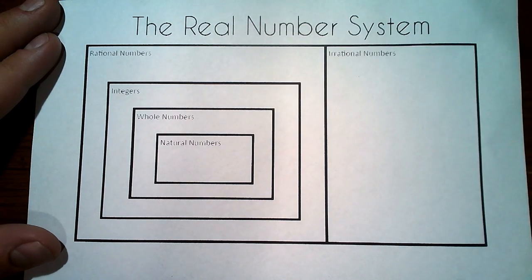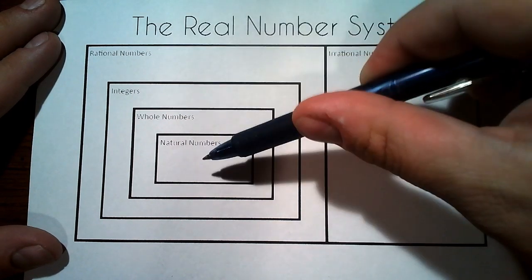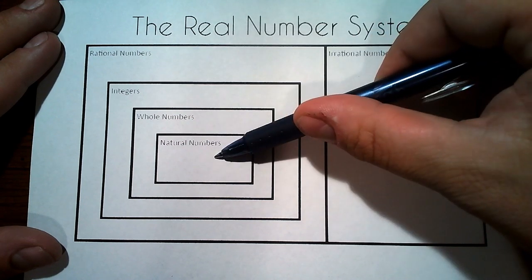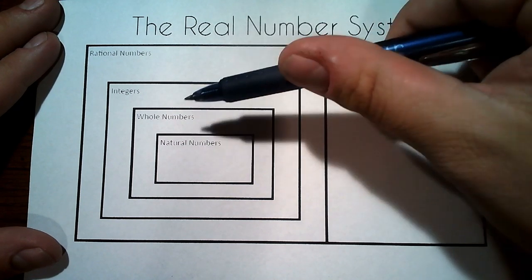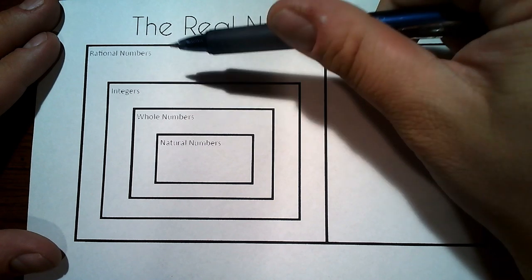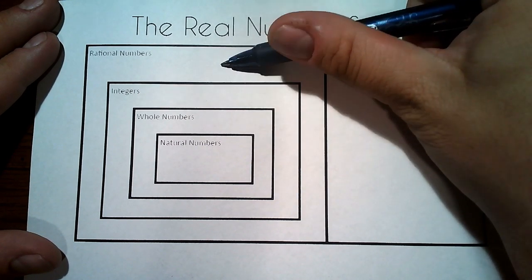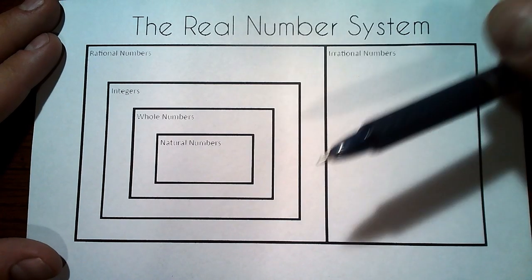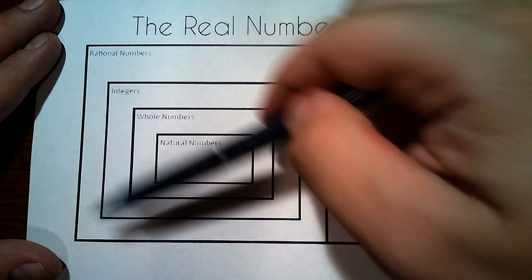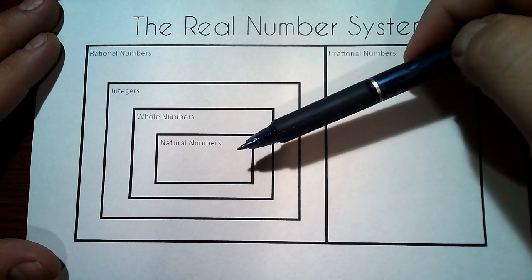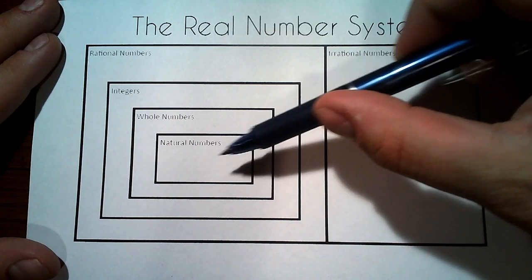That's because a natural number is a whole number, which is an integer, which is a rational number. A whole number is an integer, which is a rational number, right? So a lot of these are kind of intertwined, and all of these are considered rational numbers. So it's kind of like a set within a set.